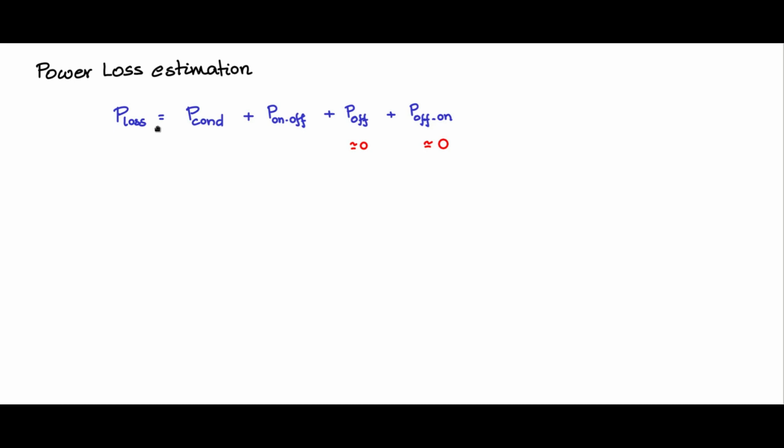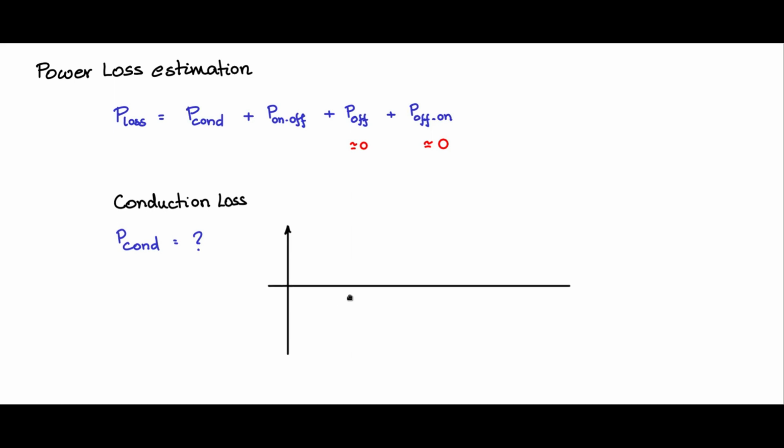And for the diode, we can concentrate and estimate the conduction and the turn off loss for calculation of the thermal aspects. So let us see first the conduction loss here. So the conduction loss, P conduction, what is it? So let us see the time evolution waveform.